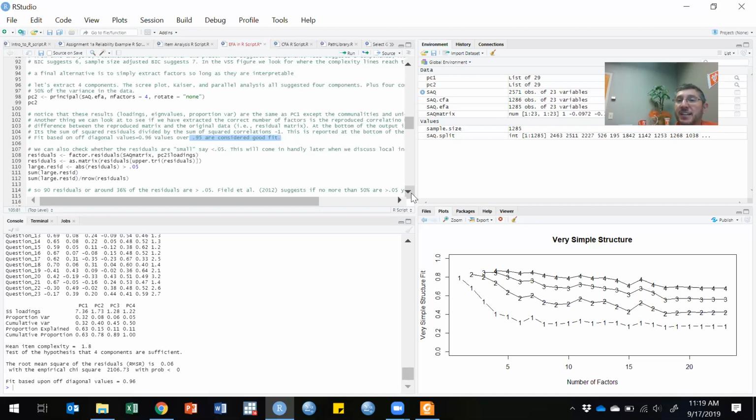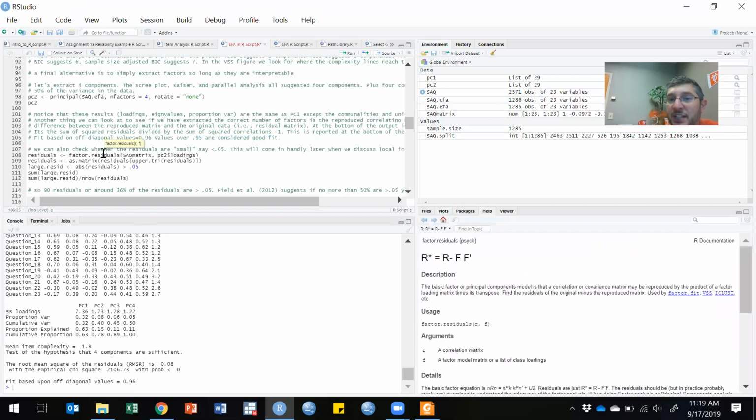So we can actually just examine the residual correlation matrix. We can use the factor residuals command here.